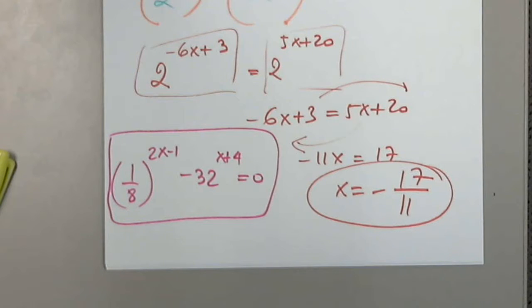And now I'm copying it in parentheses, 1 divided by 8, close the parenthesis, caret, in parentheses, 2 times the previous answer, minus 1, close the parenthesis, and then minus 32, caret, in parentheses, the previous answer plus 4.